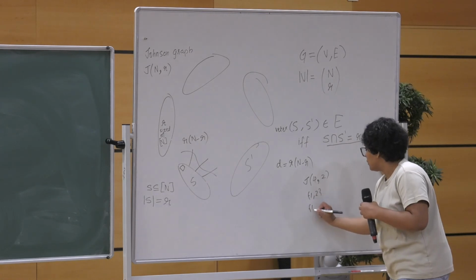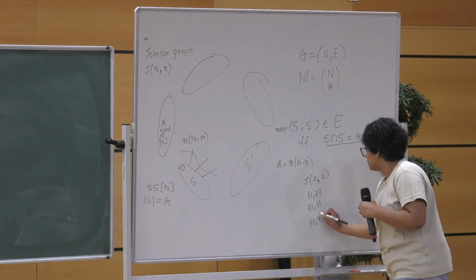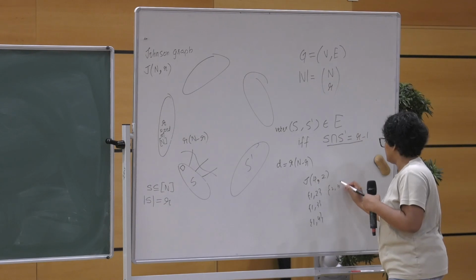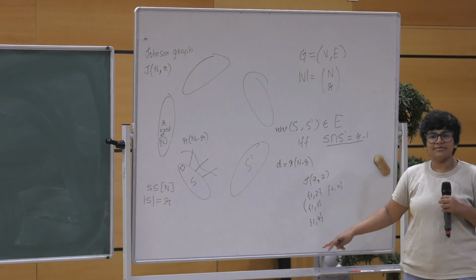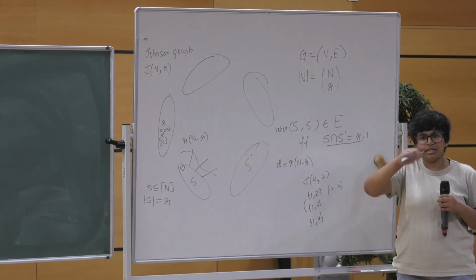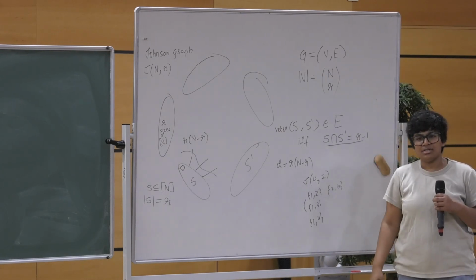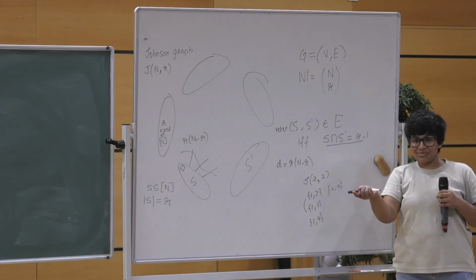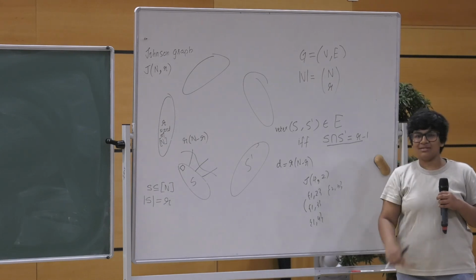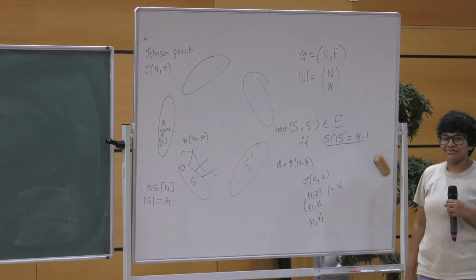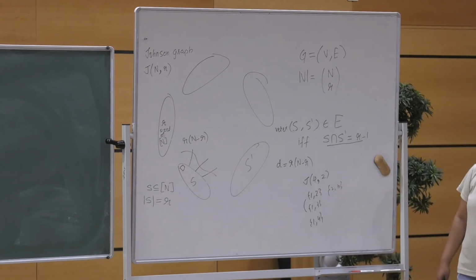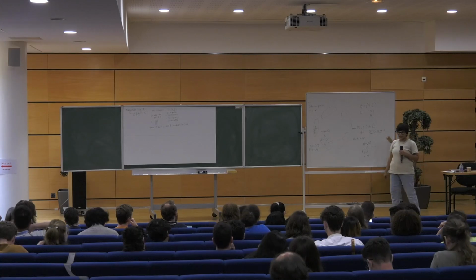This is a subset, 1, 3, 1, 4, and then 2, 3. So I make all two size subsets. Now these vertices will be connected only if they differ in exactly one element. That is how I'm enforcing the edge set. They should overlap in R minus 1 points. They should differ in only one element. The 2 example is bad because it's symmetric. They should basically have R minus 1 elements in common, and differ in exactly one element.